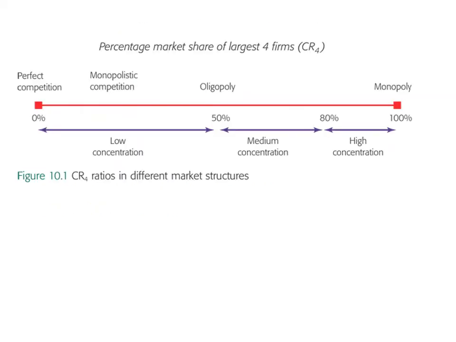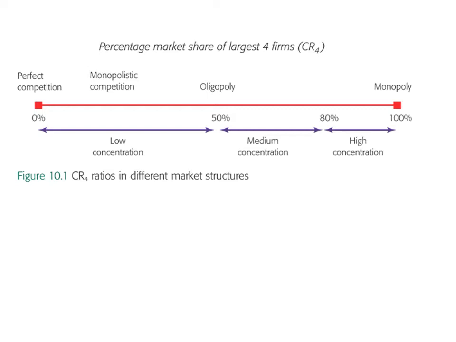So you heard me refer to concentration ratio. Going from left to right, first of all, before I get into concentration ratios, we have perfect competition, monopolistic competition, oligopoly, and monopoly, where it's getting more and more concentrated in terms of how many firms control the market.